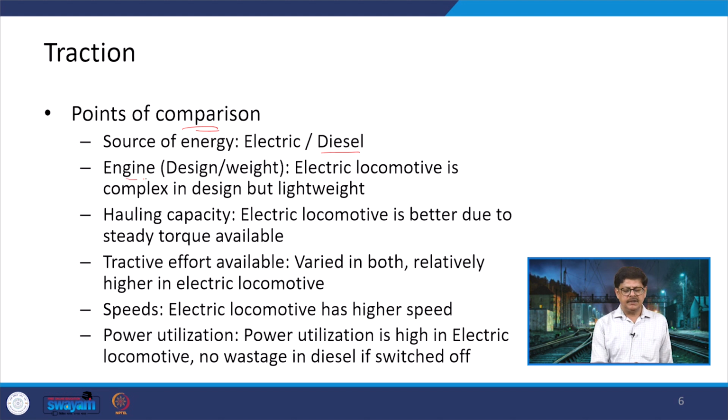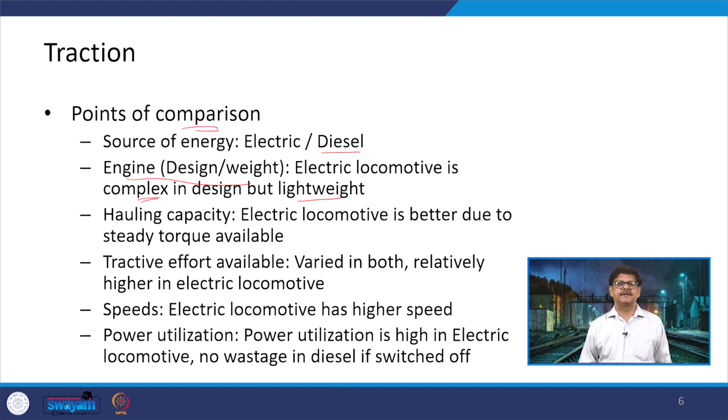Another case can be the engine design and weight. If we talk about engine design and weight, the electric locomotive is a bit complex in design, but it is lightweight. It is lightweight because the power is not being generated on the locomotive itself.